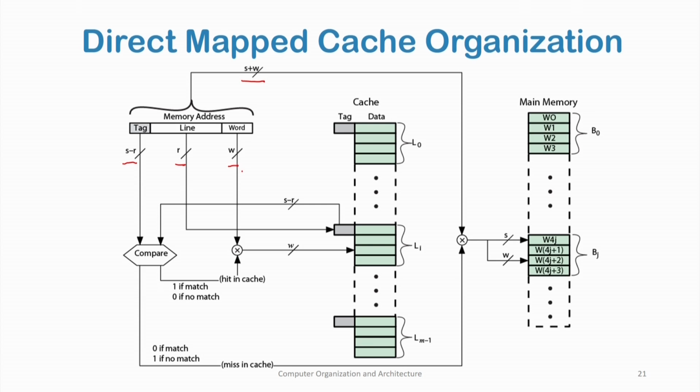To identify whether a particular line is in cache or not, we first come to the line identified by these r bits, and then we compare the tag field within the cache with the s minus r main memory bits.